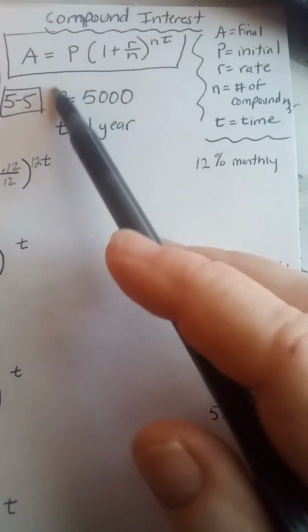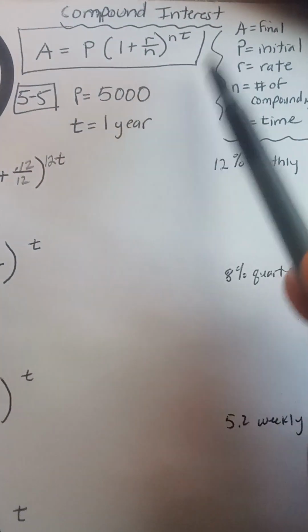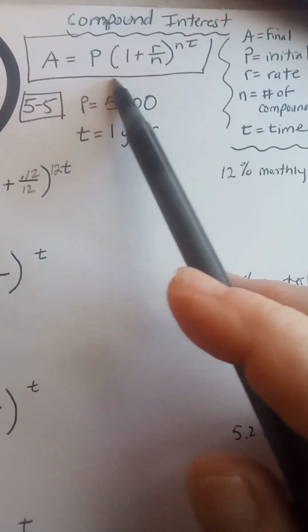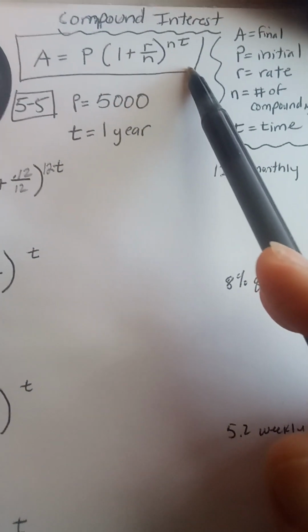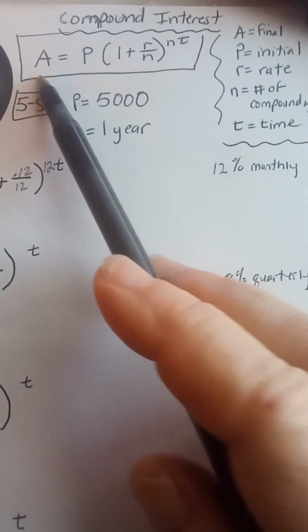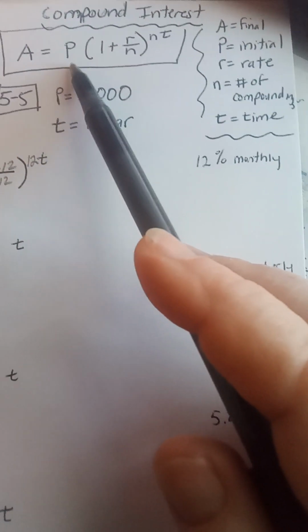So I'm going to use this formula, which you can just Google, or maybe it's in one of your math notes boxes. You can write this in your magic book. This is the compound interest formula. A stands for the amount of money that you're going to end up with in the account. P is your initial money that you started with.